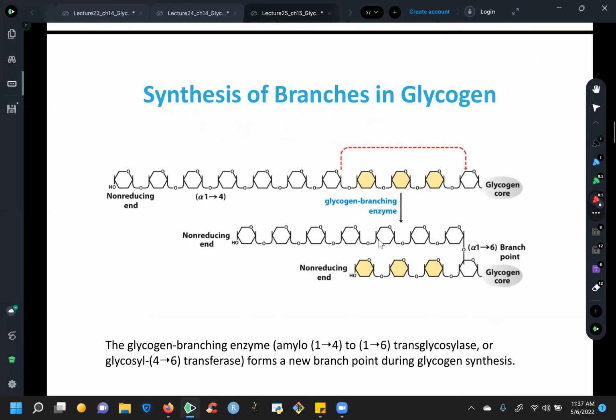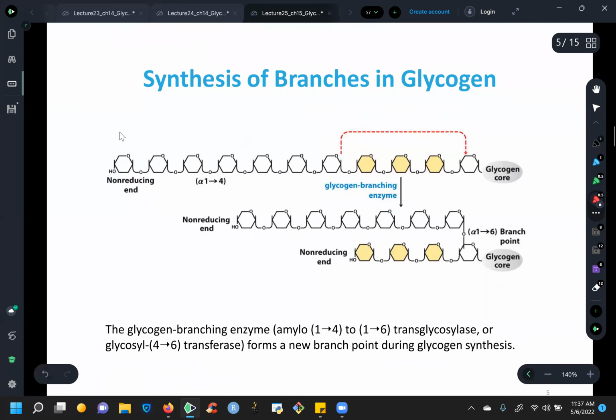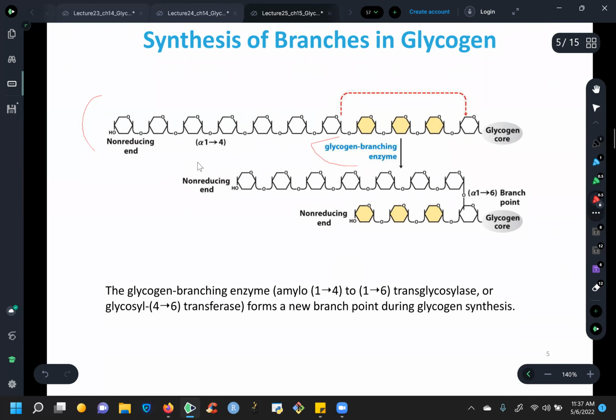Synthesis of branches in glycogen. So there's a non-reducing end. Glycogen core, glycogen branching enzyme. So you have another enzyme that's for branching. These are all the non-reducing ends. And these are alpha 1,4 linkages. And for the branches, it's alpha 1,6.